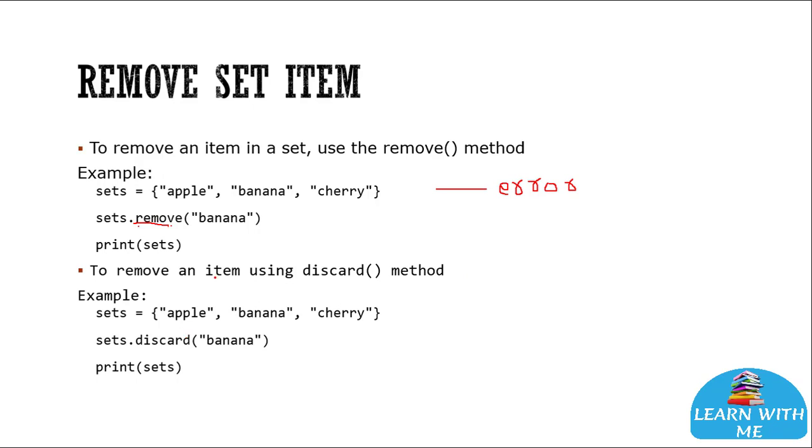But with discard, if the element is not present in the set, it doesn't remove anything and doesn't give an error. That's the main difference between remove and discard.